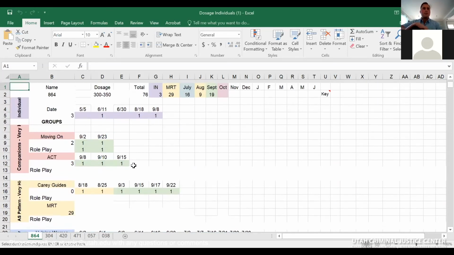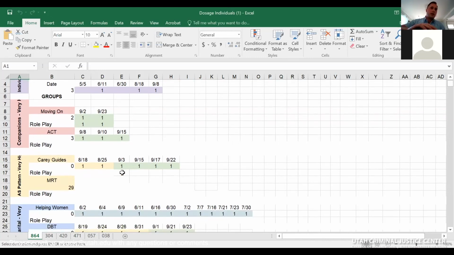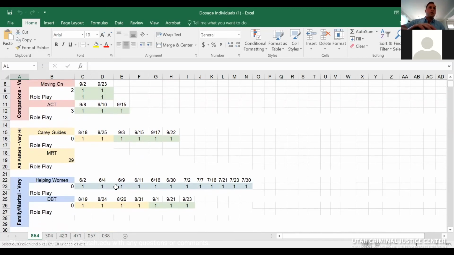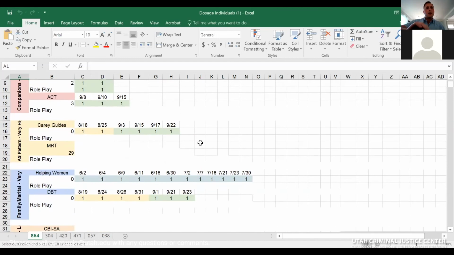So if we're thinking about that, I think this helps us visualize where those services are being rendered, what areas they're targeting, and do they align with what we would expect based on the priorities. So for this person, we would probably expect to see visually that these very high areas would have had the overwhelming majority of the treatment sessions that are being tracked here.